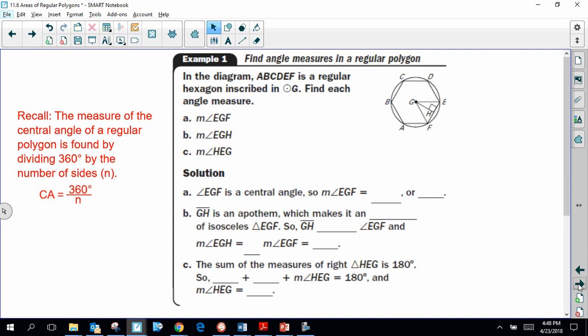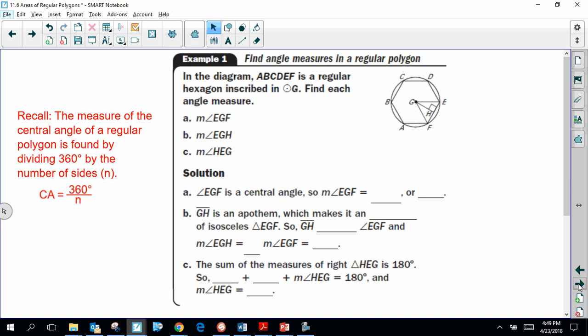So here we have a regular polygon, a regular hexagon in this case, inscribed inside of a circle G. We want to find the measurement of the central angle. So going back to what we did when we were talking about angles of polygons in general, the measurement of a central angle is found by 360 divided by the number of sides.